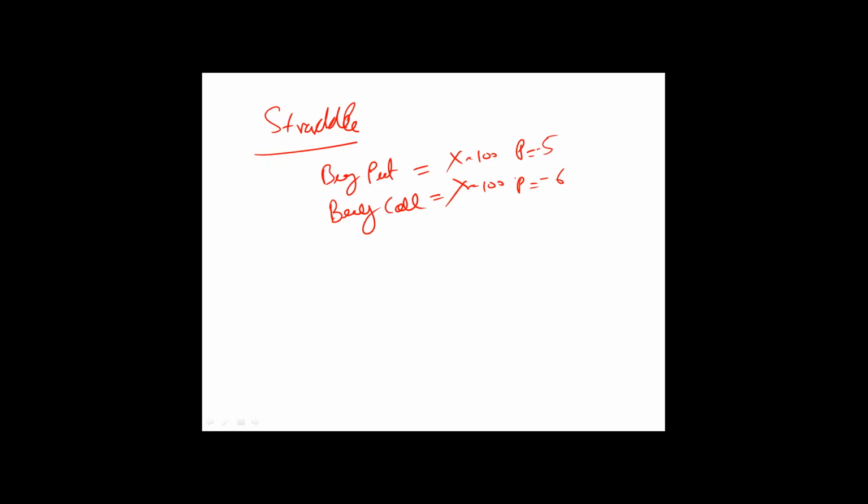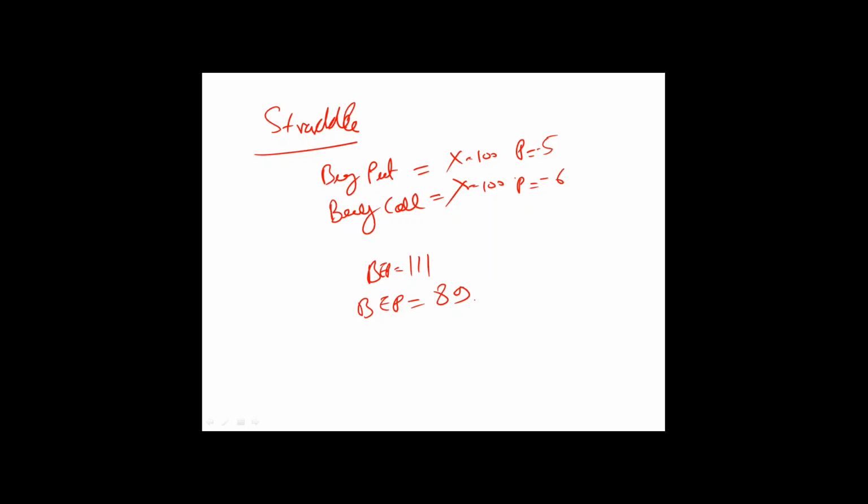If the market goes to 111, this is your break even point, and if the market goes 11 rupees down, another break even point will be around 89. Beyond that, you will have profit.